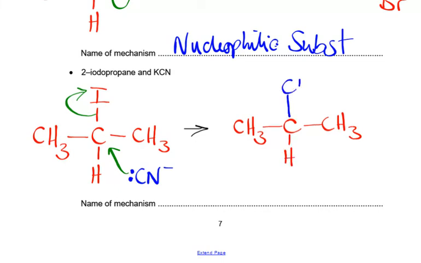Always show the bond between the carbon and the carbon, not the nitrogen, so you can see there my bond between the nitrile and the carbon is not going to the nitrogen, which would be a mistake. Naming this organic product.